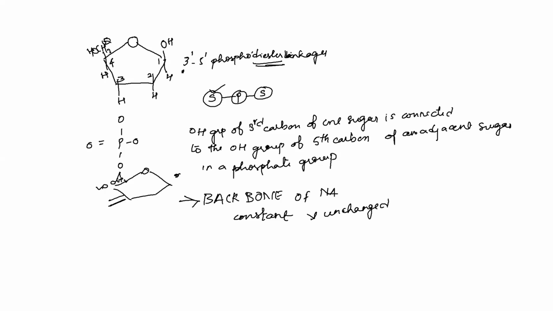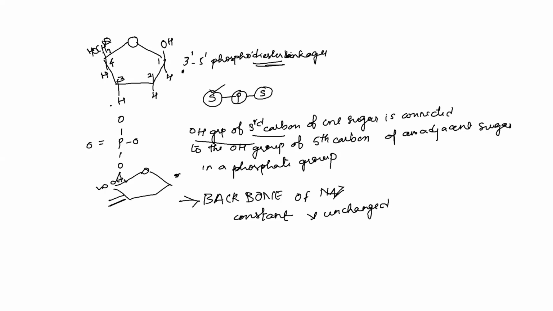Now, how is it going to form a phosphodiester linkage, that is, how is it going to connect with another sugar, which will act as the backbone of the nucleic acid, which cannot be changed, or is constant? The hydroxyl group of the third carbon of one sugar is connected to the hydroxyl group of the fifth carbon of the adjacent one.